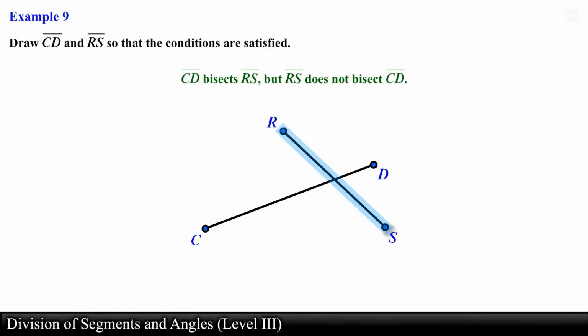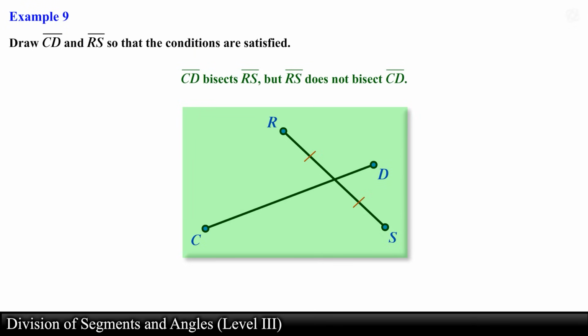We also need to make sure that the midpoint of segment RS is not the midpoint of segment CD. We can illustrate this by drawing single tick marks on segment RS, as follows, making sure we do not add any tick marks on segment CD. So this diagram is one of many possible drawings that satisfy the conditions.